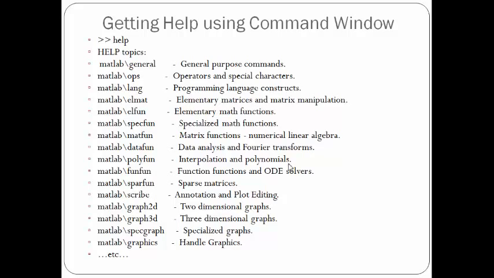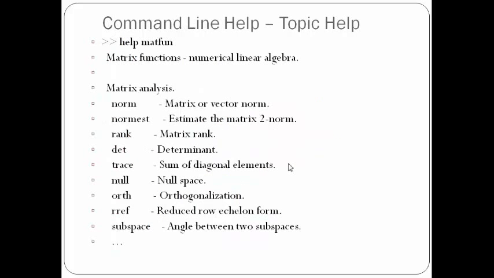All we have to do is type in the initials of the type of character or command you would like to get help with, and then we can see the intricacies of it. These are the different help functions. For example, help matfun, for matrix functions.